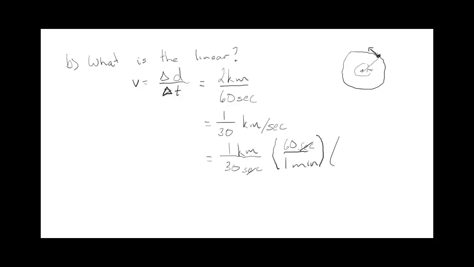And then 60 minutes in 1 hour, so these units will divide out. Then you've got 1 times 60 times 60, which is 3,600, divided by 30 times 1 times 1, which is 30. The units are kilometers over hours.